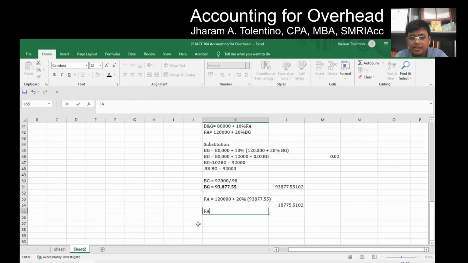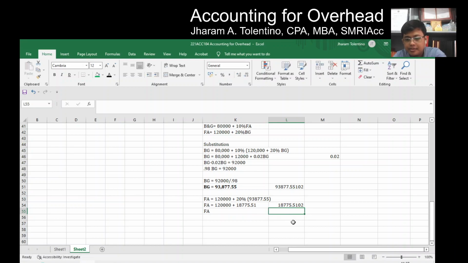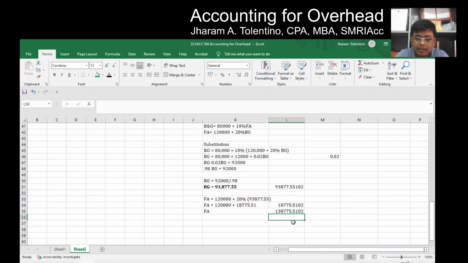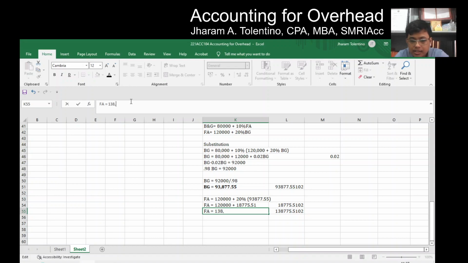So, FA now is equal to 138,775. Ayan na. Ano yung sagot?